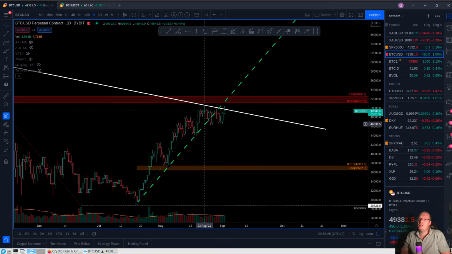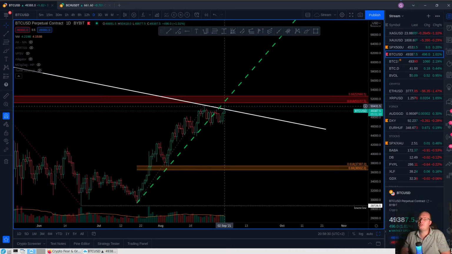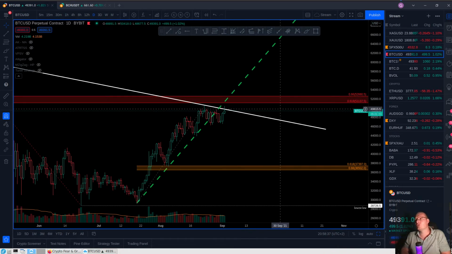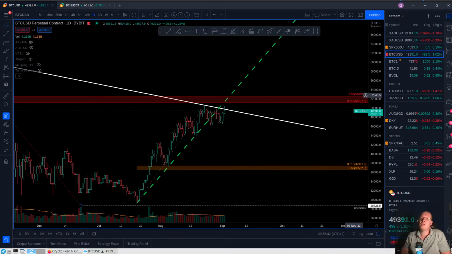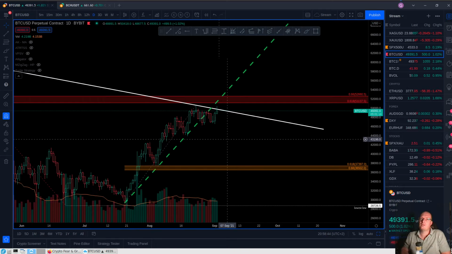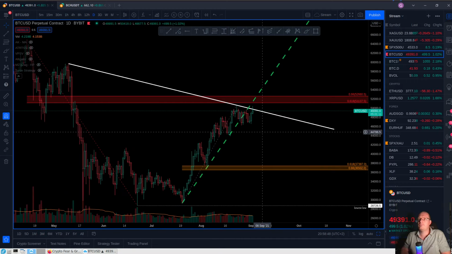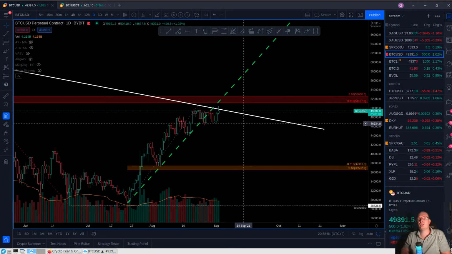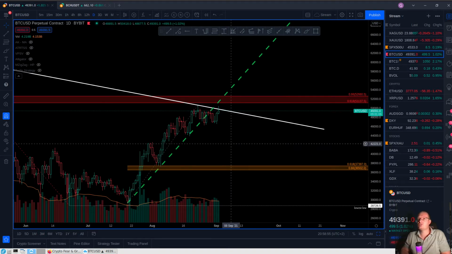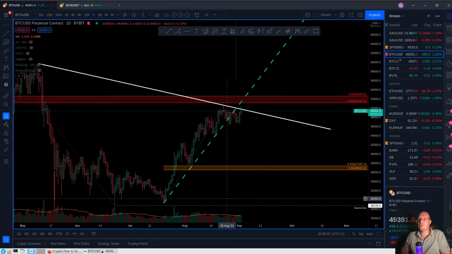This green support line, I will keep it still because it might still act as a resistance once we get this golden zone around between 51k and 52k. Yeah, but it was good to see that today we already could push above 50k. So also decent amount of volume.